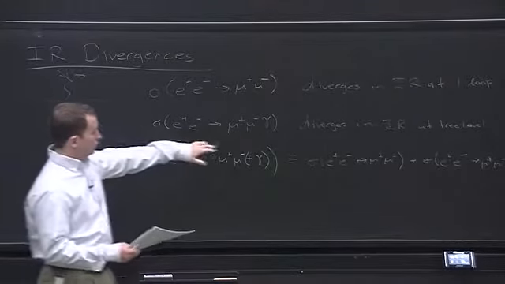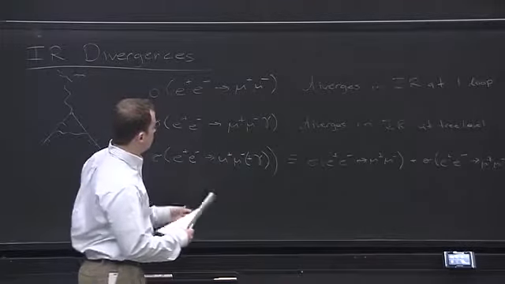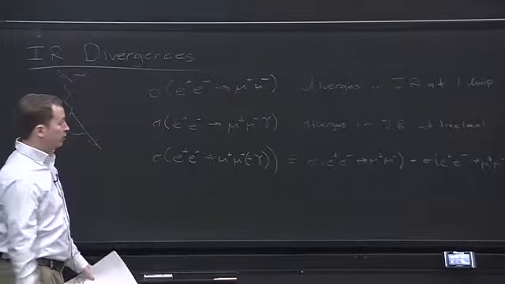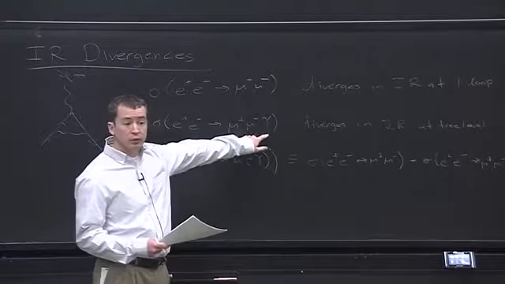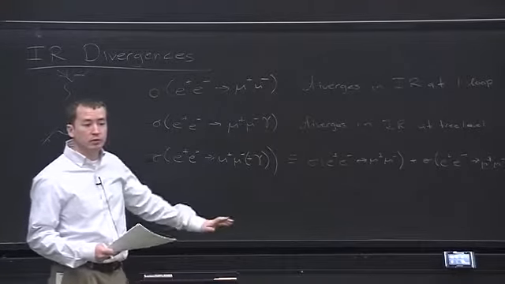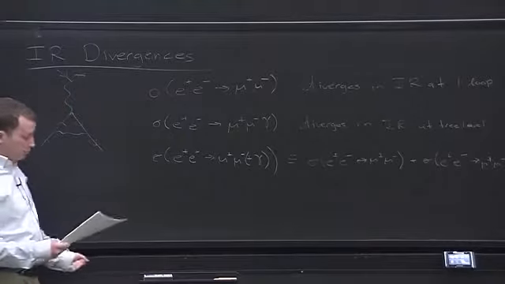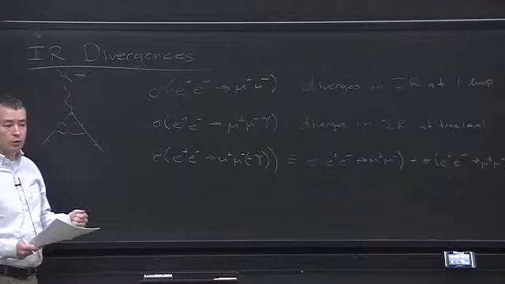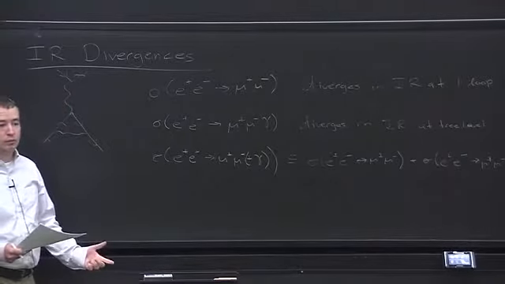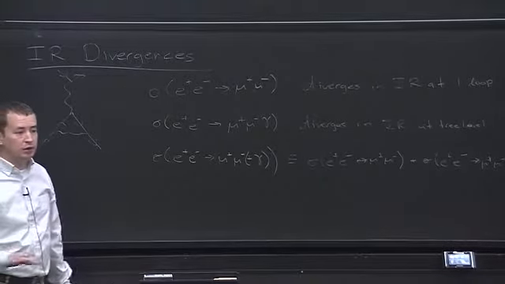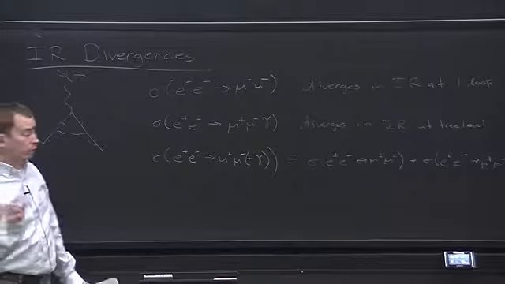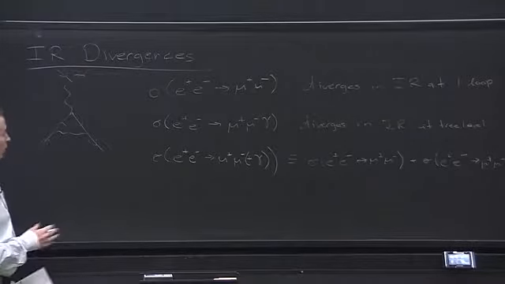This is an IR divergence, so it's related, and we'll make this more precise later in the lecture, to the fact that if the final photon is extremely soft, that is, has extremely low energy, we can't really tell if it's there with any realistic detector. Any detector has some minimum energy that it can measure, some minimal angular separation.